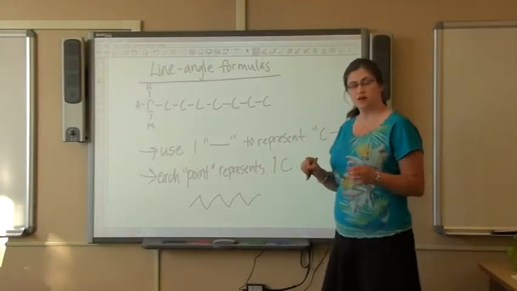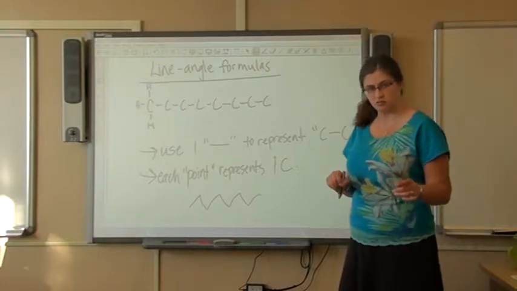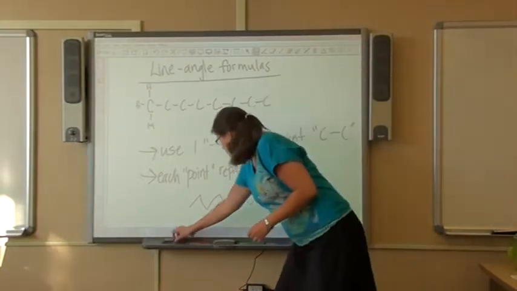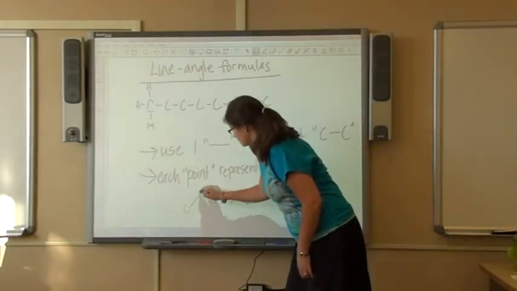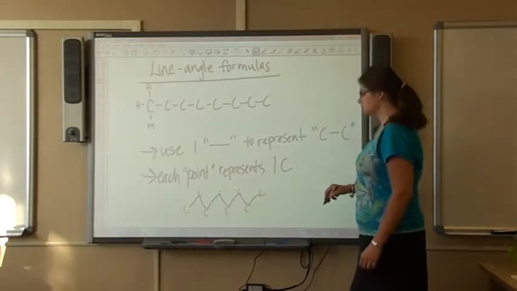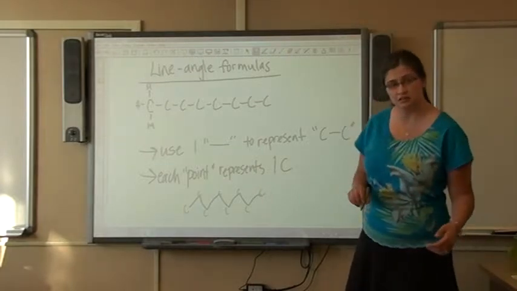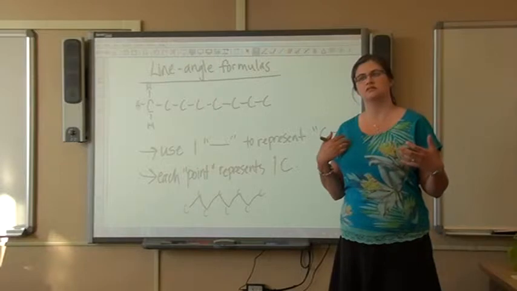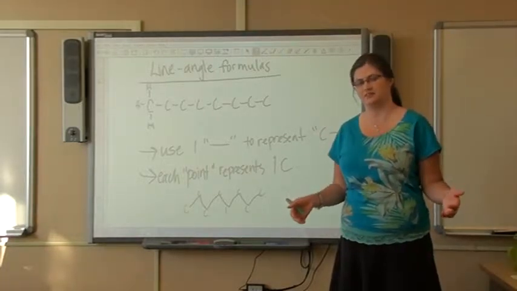I have 8 carbons connected together. Now you might be thinking, but Michelle, you only have 7 lines. What the heck? Well, each one of these points represents a carbon. So there's one here, here, here, and here. So if you count your carbons now, you'll see that there are 8. So you actually need one less line for determining how many carbons you have in a chain.